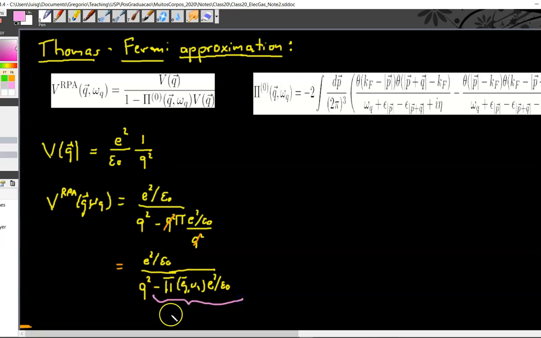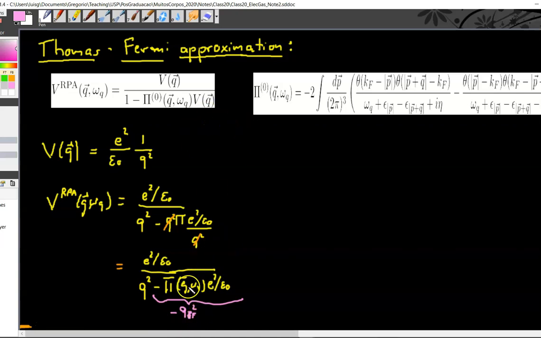I'm going to call this minus Q Thomas-Fermi squared, at omega 0. So we already know where this thing comes from. This is going to be negative actually, so this is minus something positive, and that's my Thomas-Fermi momentum.